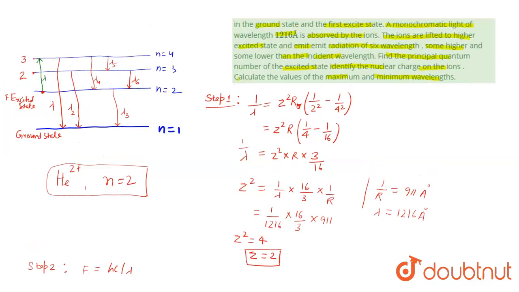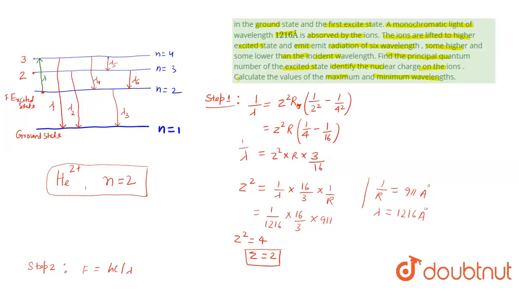So from the diagram you can see these are the energy levels, n is equal to 1. If you compare this lambda 1 and this lambda 5, then you can see that the energy in this transition is large as compared to this one. So this is the largest energy.